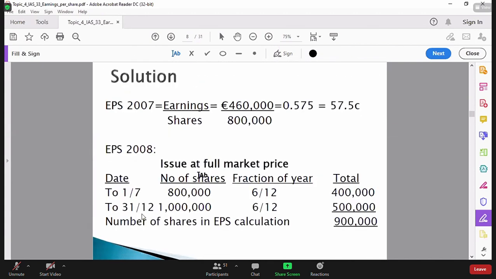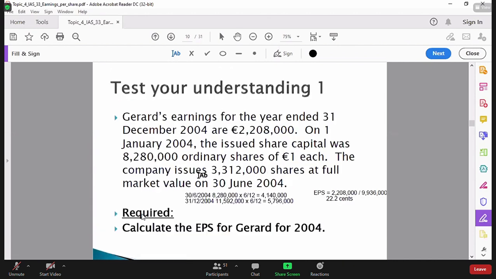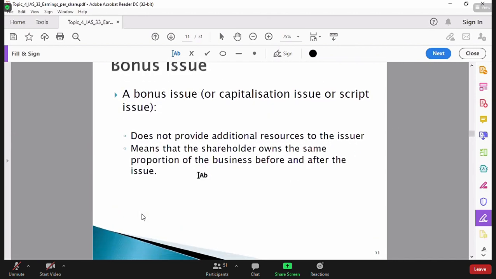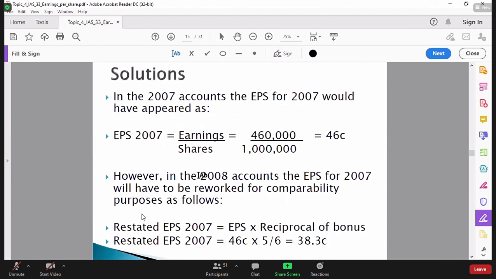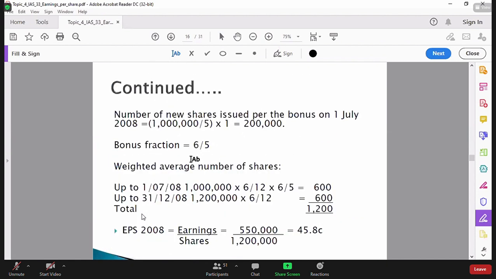So what you have here: from 1st January up until 1st July 2008, the number of shares is 1 million. You need to multiply by 6/12, from January to July.